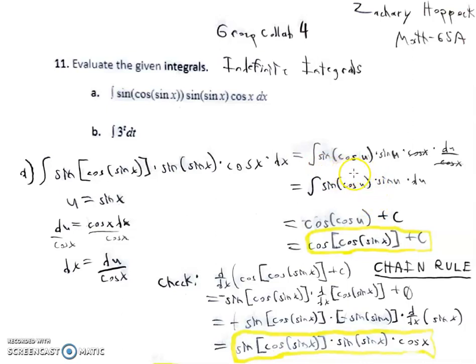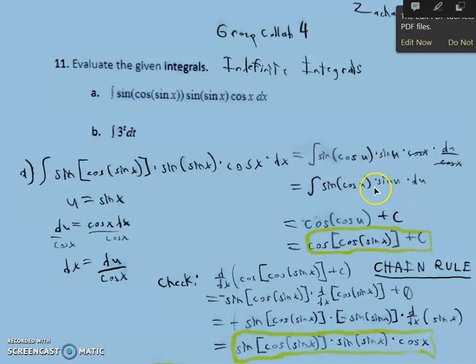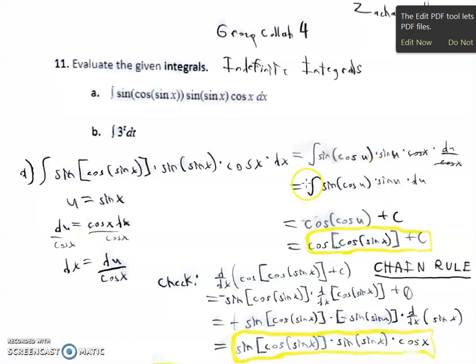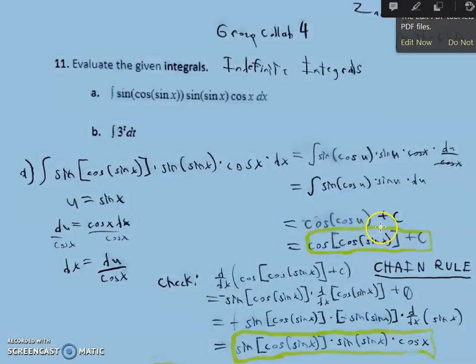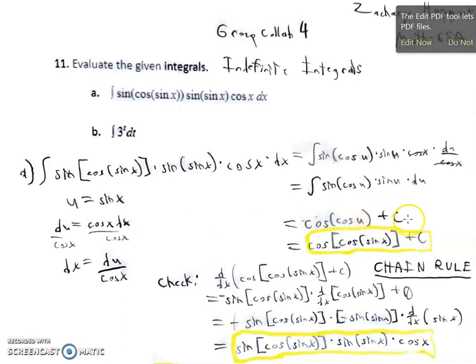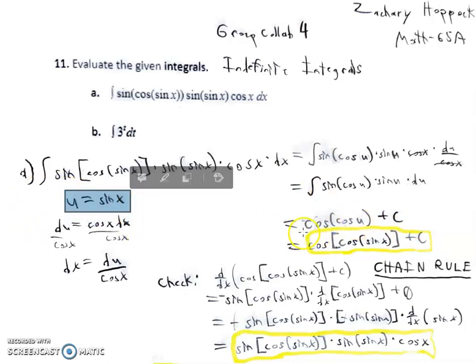I did a backwards chain rule, because if you take the derivative of cosine u, the outside of this function, you get negative sine u. The antiderivative of sine is cosine, so you get cosine of cosine u. Then you add a constant c and substitute back in what u is, which was sine x. So my answer here is cosine of sine x plus c.